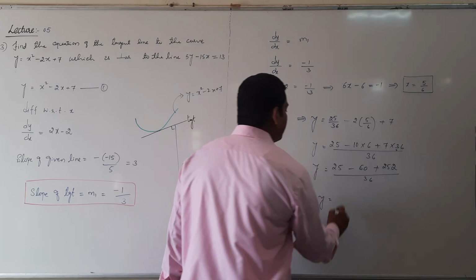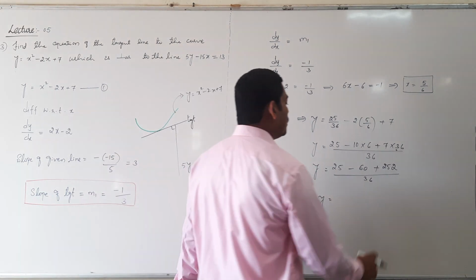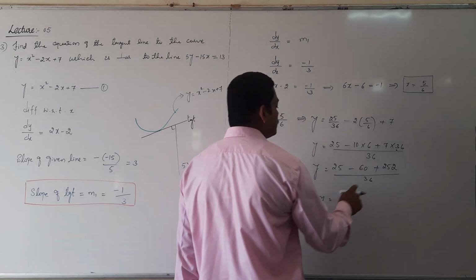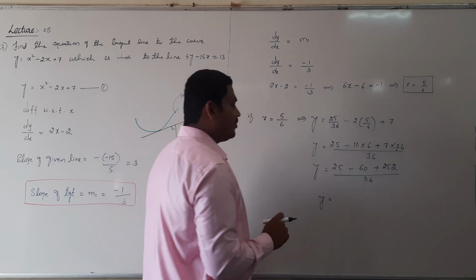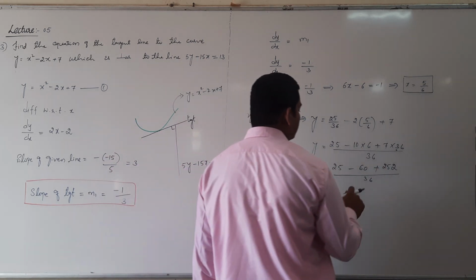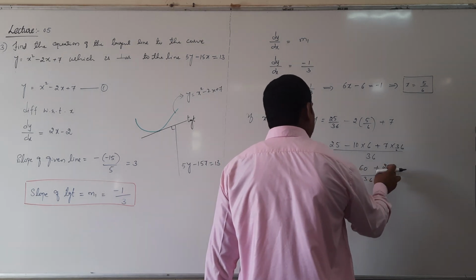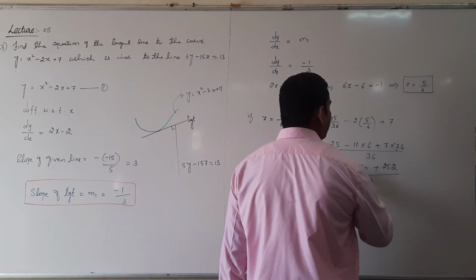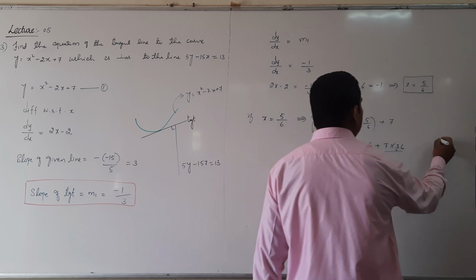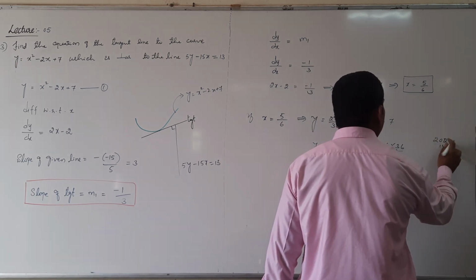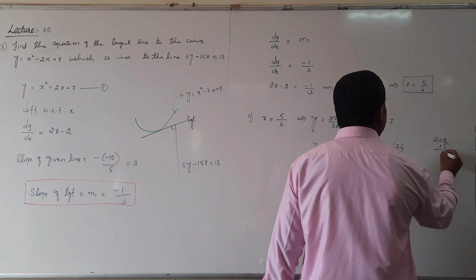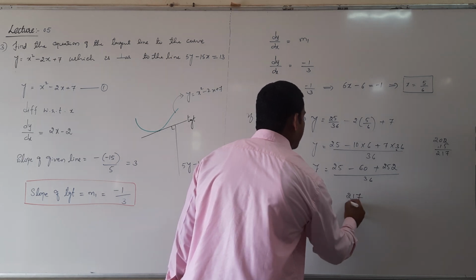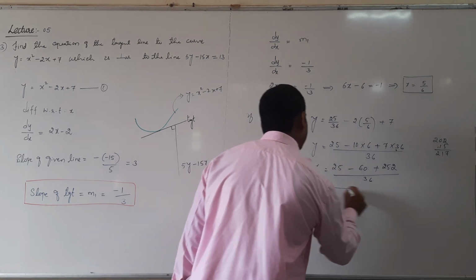After that, 277 minus 60 gives 217. So y is 217 divided by 36, right?